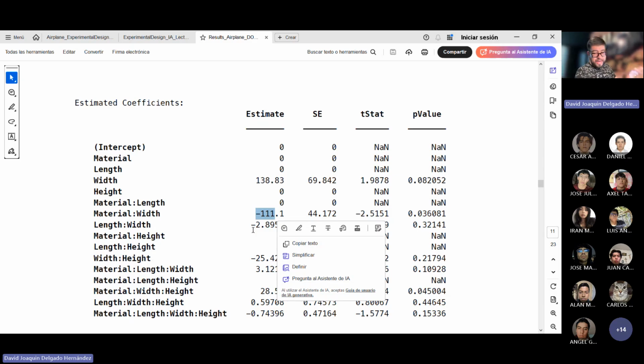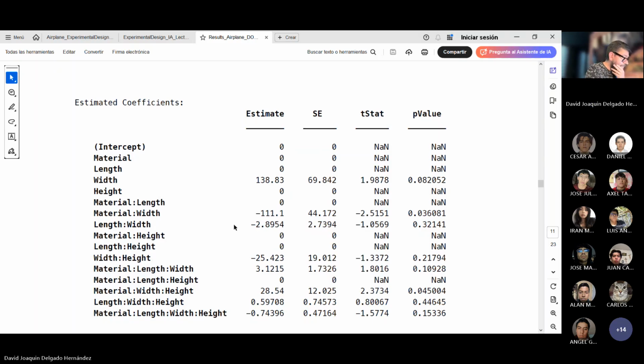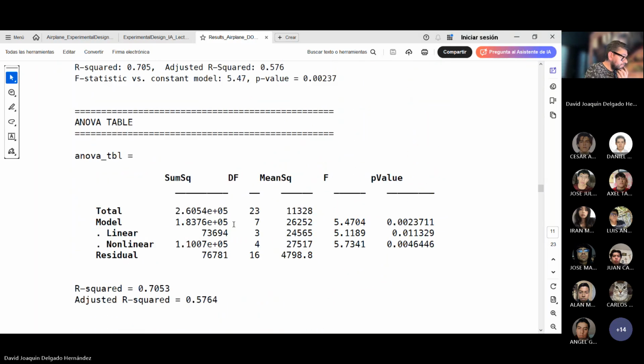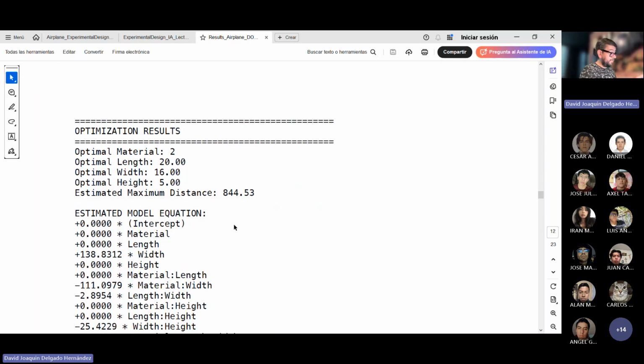I am not going to write it down, but you can imagine the model. These are the coefficients. Okay, and these are the results.